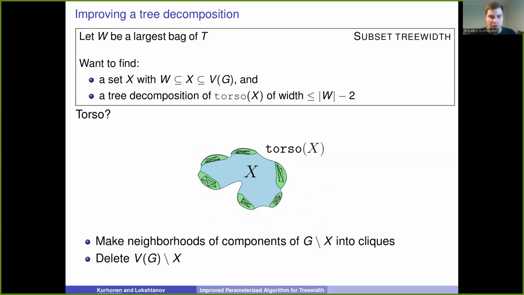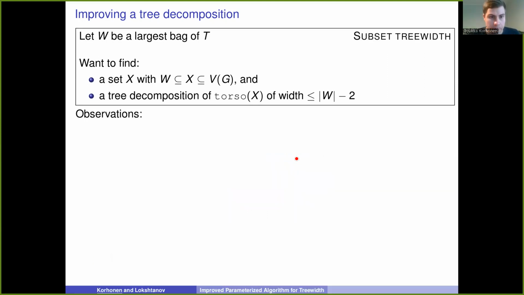So we make the neighborhoods cliques, and then delete everybody outside of X. This graph is the torso X. It's like the subgraph of X, but it gets all the possible connectivity outside of X. So we want to find this set X and a tree decomposition of this torso X that is better than our tree decomposition T.